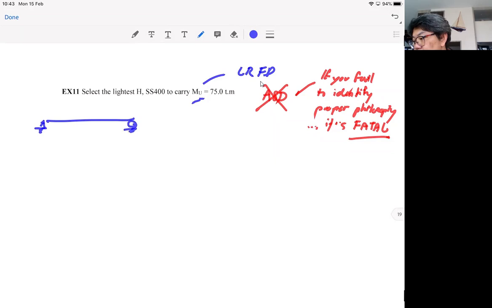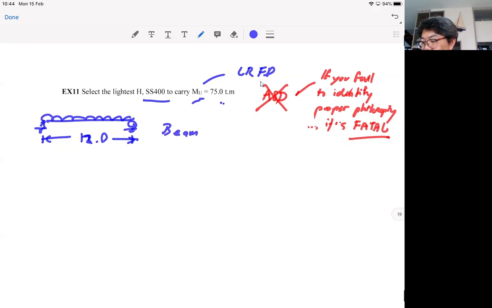with the uniform load. We don't need that, right? Because we already know Mu, 12 meters long. So now we know Mu. We know that we have made the decision to use SS400. And let's say we know that our beam is laterally braced.